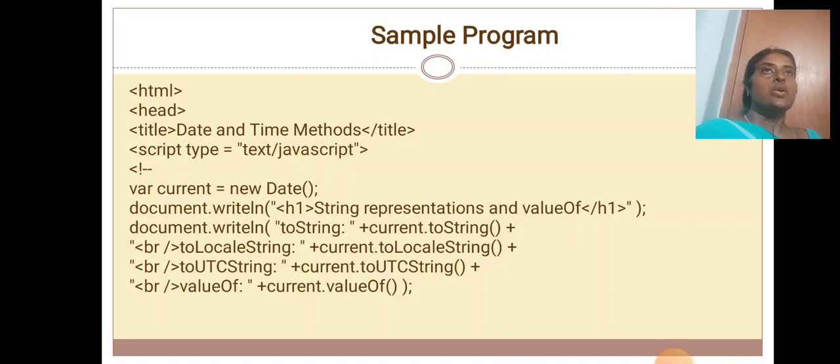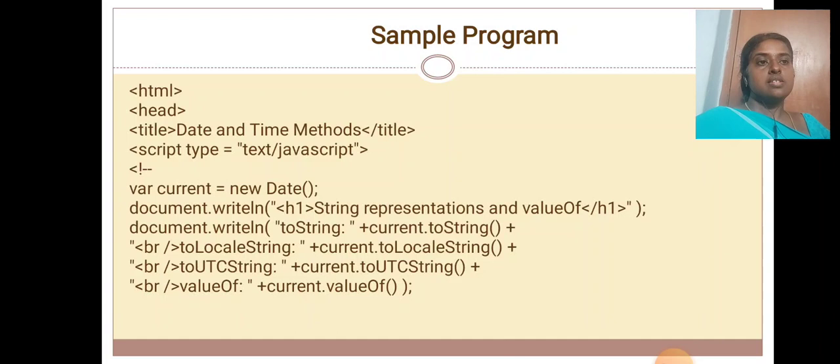So next we are going to discuss the following methods using a sample program. Here I write a program in my HTML using the script tag with type equal to text/javascript. The type of scripting I am going to use here is JavaScript. The first thing I have to do is declare a variable: current is equal to new Date().